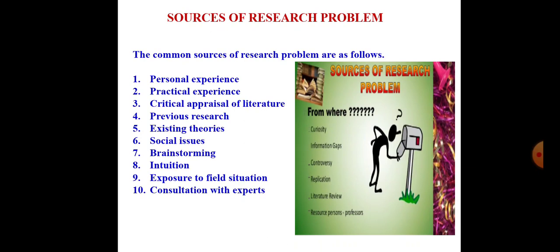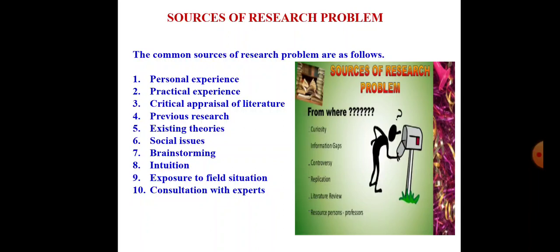One is personal experiences, that is, a person comes across something in his own experience, and one who is affected by any disease wishes to conduct new research, especially drug discovery for the disease. So the problem of research arises from his own experiences.